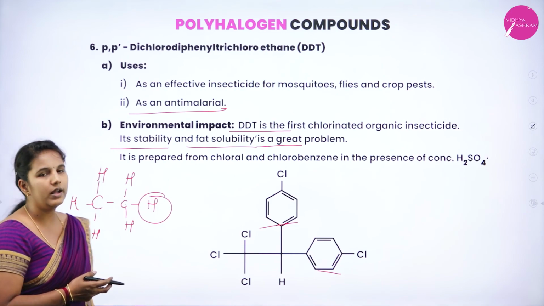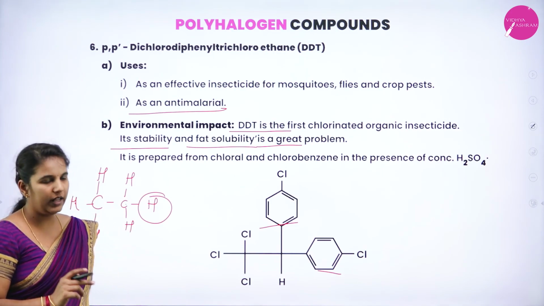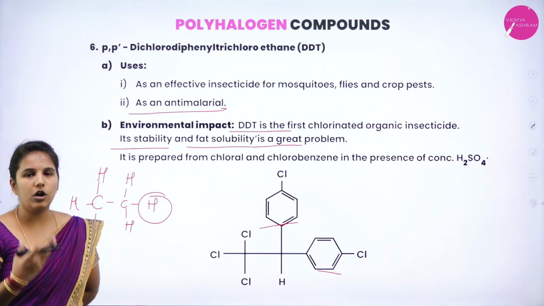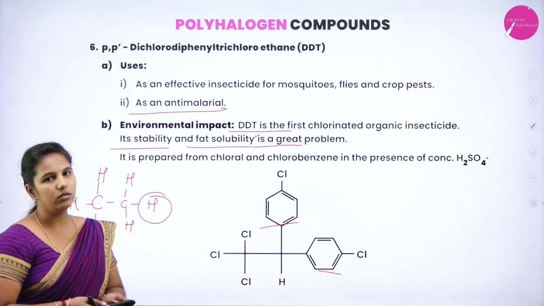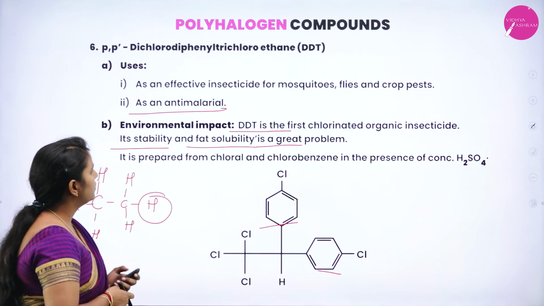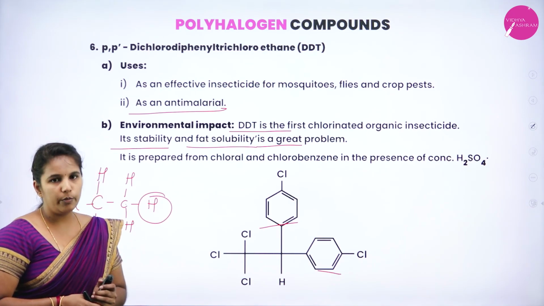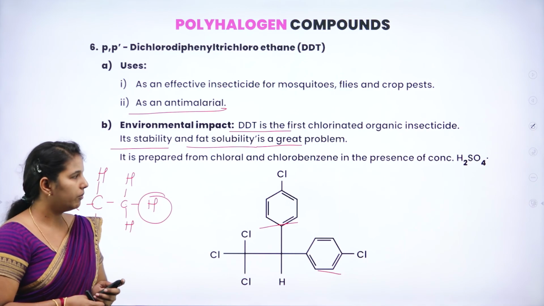Dichloro-diphenyl trichloroethane. It is the ethane only where you replace all hydrogens except one hydrogen with chlorine as well as with chlorobenzene. So this is the use as well as the environmental impact of the polyhalogen compounds.